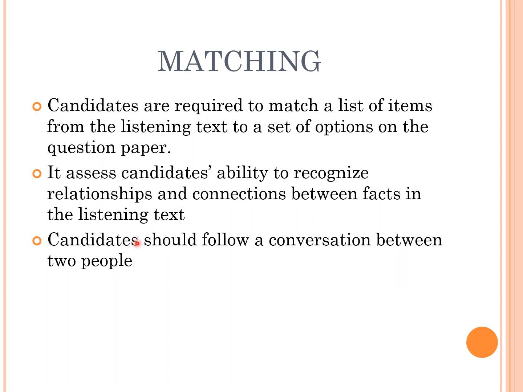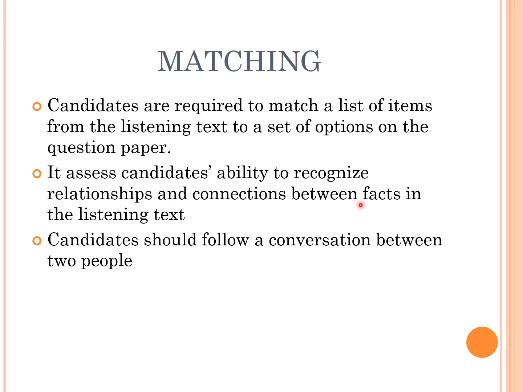It also assesses the ability to follow a conversation involving interaction between two people. It may also be used to assess the candidate's ability to recognize the relationship and connection between the facts.